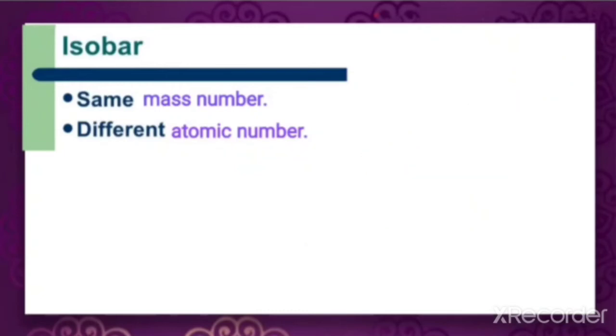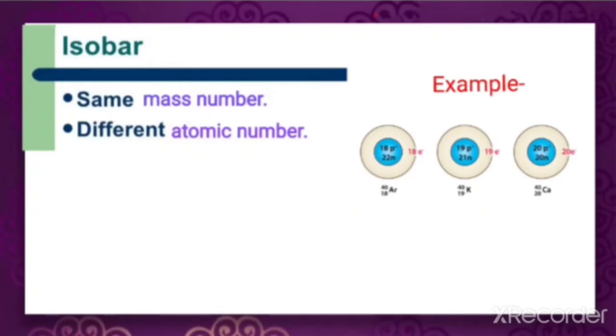Let us take one example: argon-40, potassium-40, calcium-40. These three are atoms of different elements. Why? Because this is an argon atom, this is a potassium atom, and this one is a calcium atom. But what is the similarity? They all have the same mass number, that is 40.